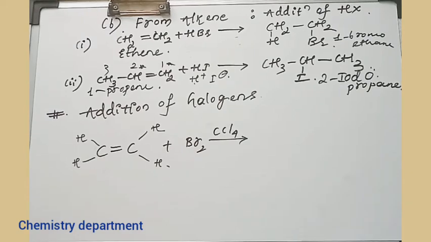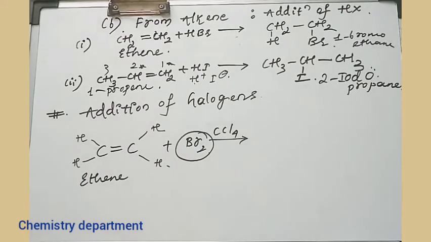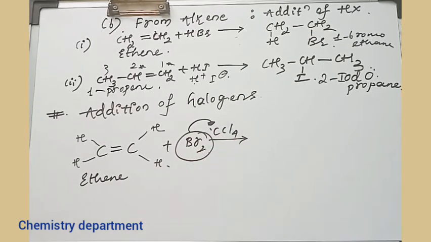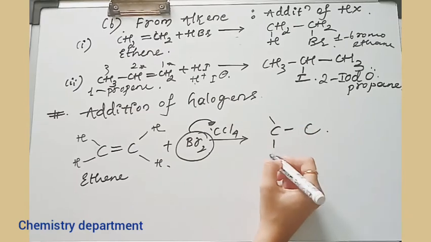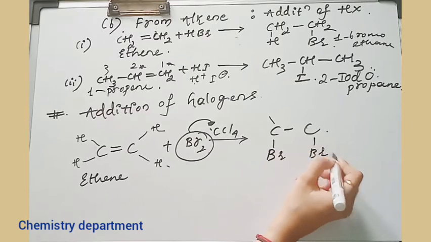This is for the addition of halogen acid. The second one is addition of halogens. For the same alkene, that is ethene molecule, I am going to add a halogen, that is bromine, in presence of carbon tetrachloride. Okay, bromine in CCl4 is nothing but bromine in this solvent we are going to take. So what happens here is, you are going to break the double bond and then you are going to add a bromine atom to each carbon.